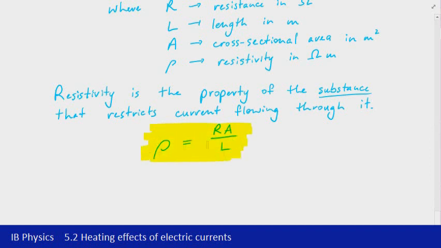So in this context, to calculate the resistivity, you'd need to know the resistance first. Usually you'd be able to look up the resistivity of different substances such as copper or silver or aluminium, whatever they may be, or even semiconductors like silicon, and even insulators like glass, rubber, and those sorts of things as well. But ultimately, in the data booklet, that's the equation that you need to know.